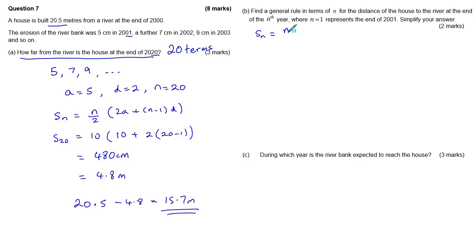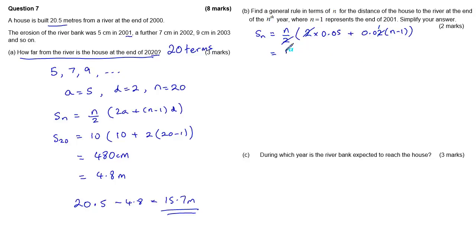So that's going to be n over 2, 2 times the first term, so that was 5 centimeters, so that's going to be 0.05 meters. And then we'll have that d is 0.02, into n minus 1. So the 2 can cancel with this 2 and cancel this one down to a 1.